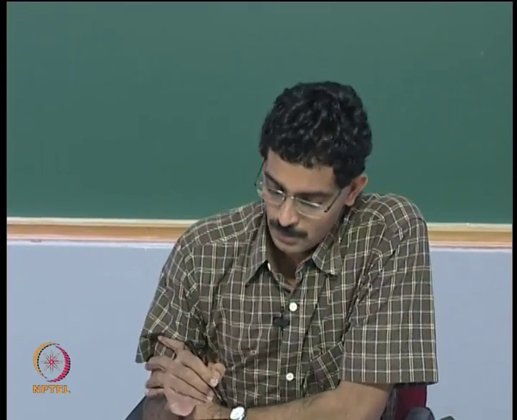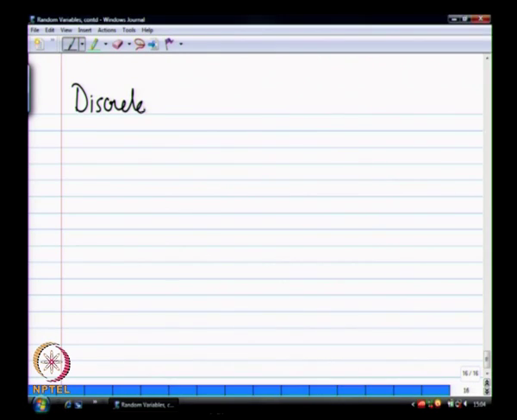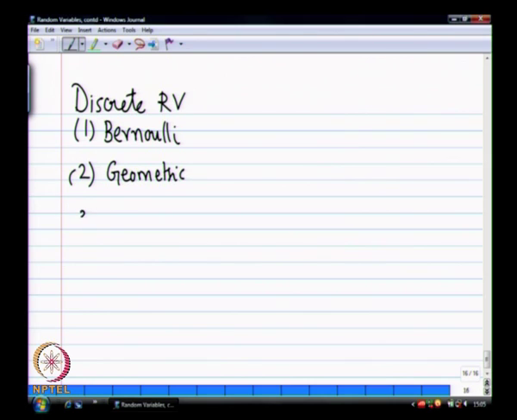So as a roundup of all the discrete random variables that we have seen so far, we saw Bernoulli, we saw geometric. This is what we have seen so far.